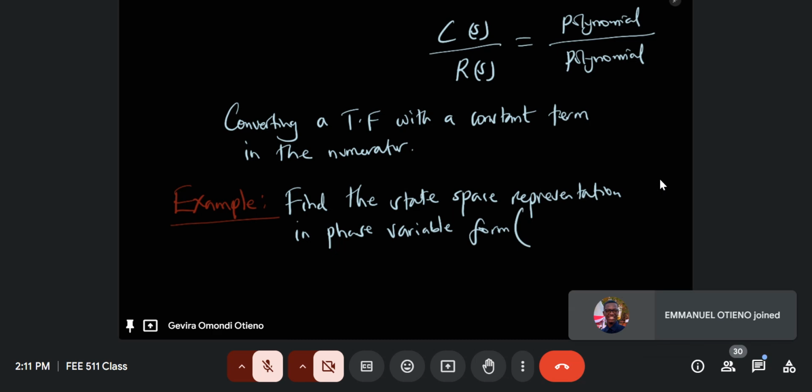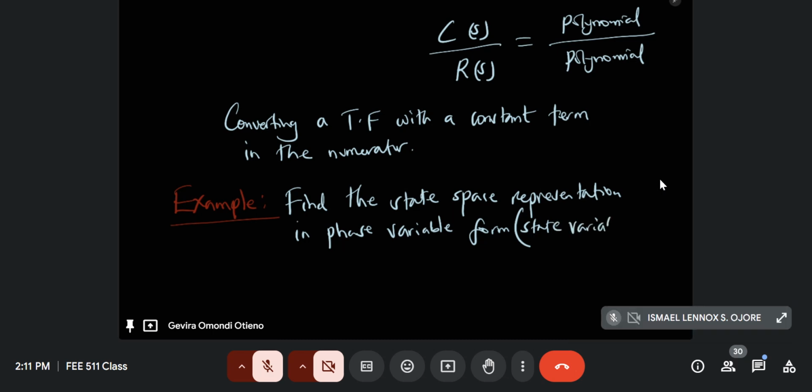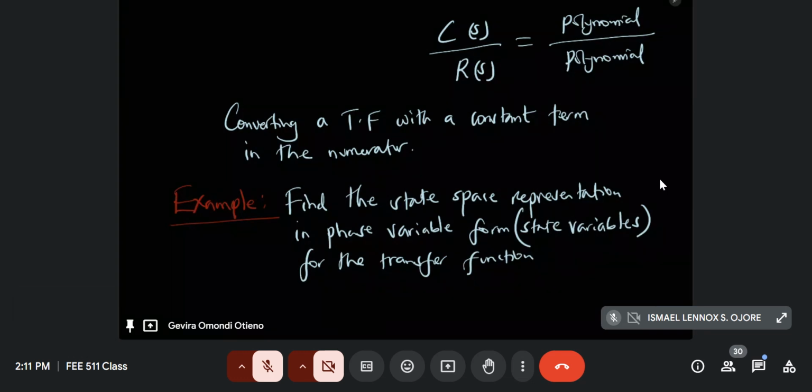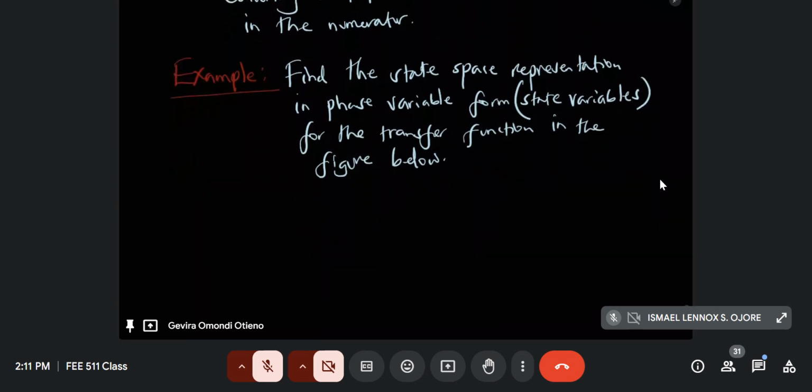Of course, the question would not be given to you like this, but this is like state variables. When we talk about phase variable form, it just consists of state variables, okay? Okay, so for the transfer function in the figure below, we have the transfer function here.